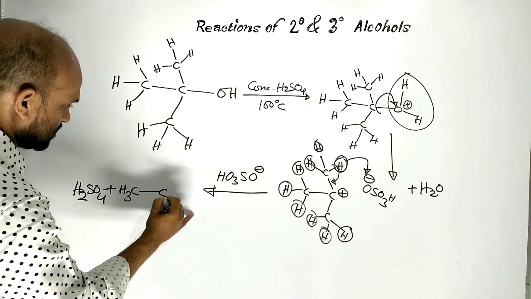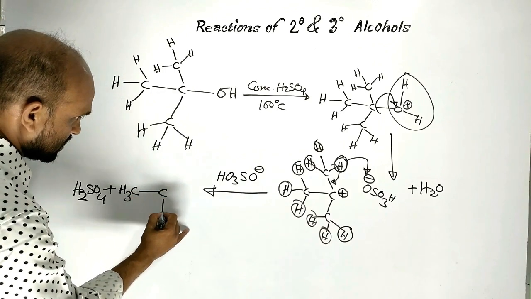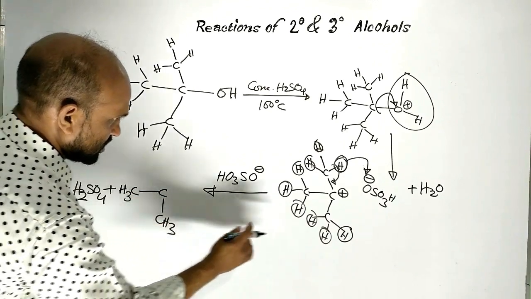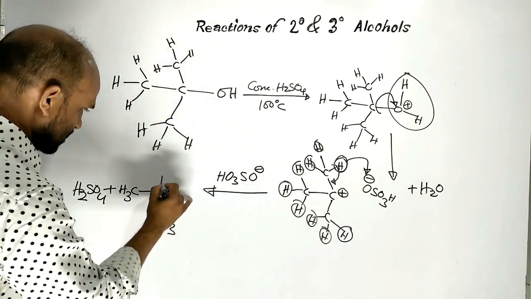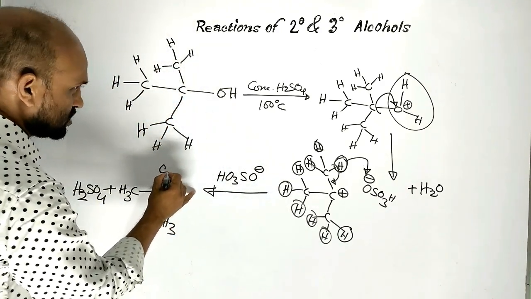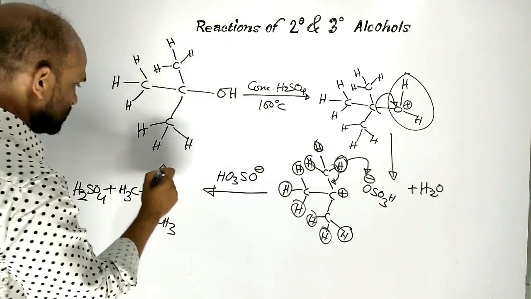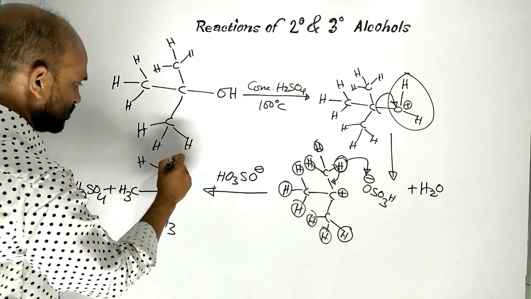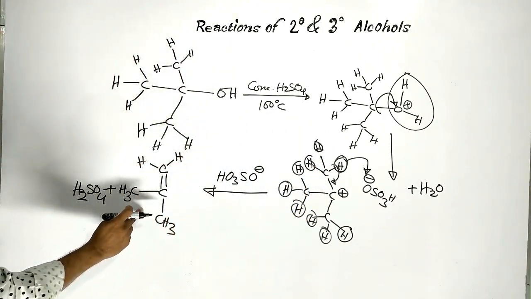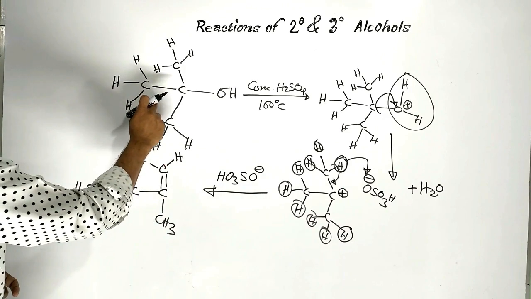CH3 carbon, here CH3, carbon-carbon double bond with this carbon, two hydrogen atoms. This is the product of the reaction.